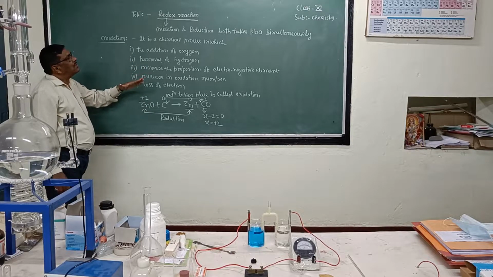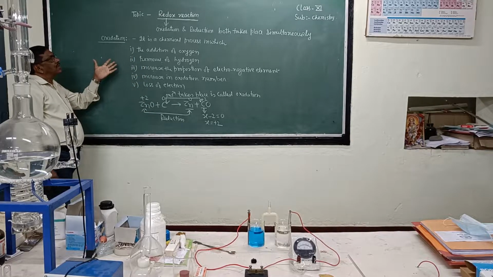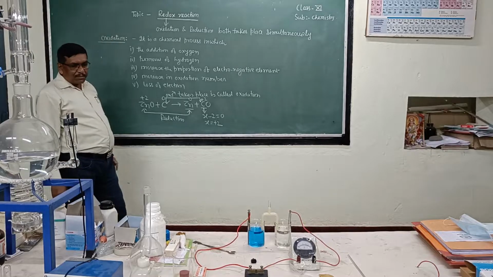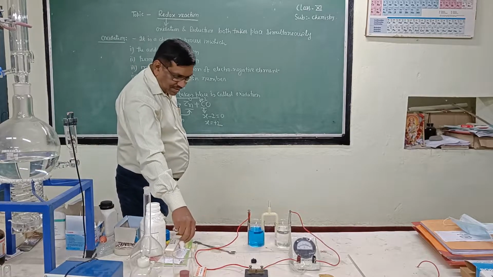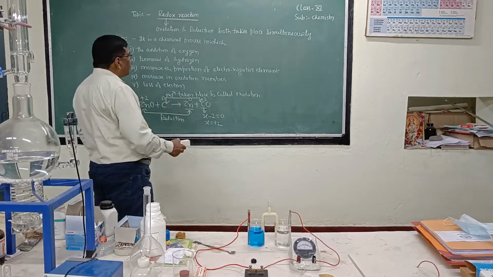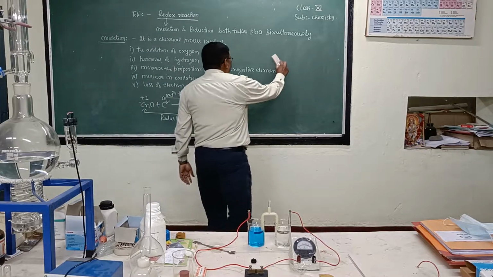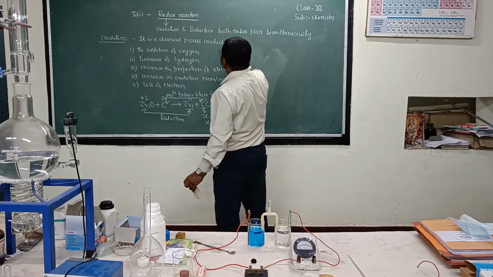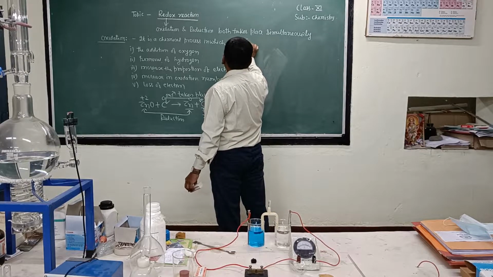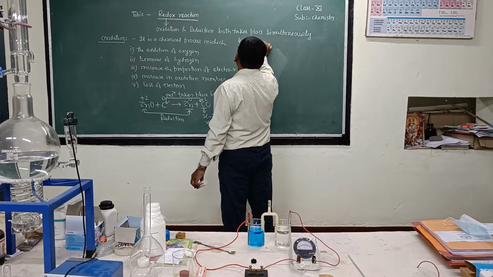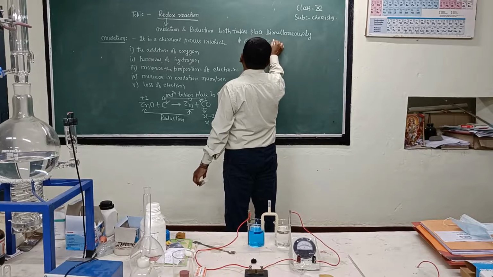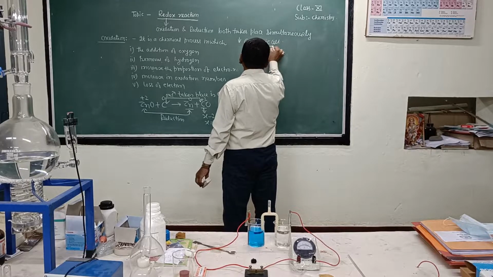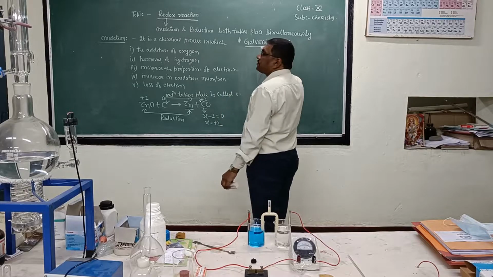So we have just revised these chapters. Now let us see one familiar example of redox reactions. A very familiar example of a redox reaction is the galvanic cell.